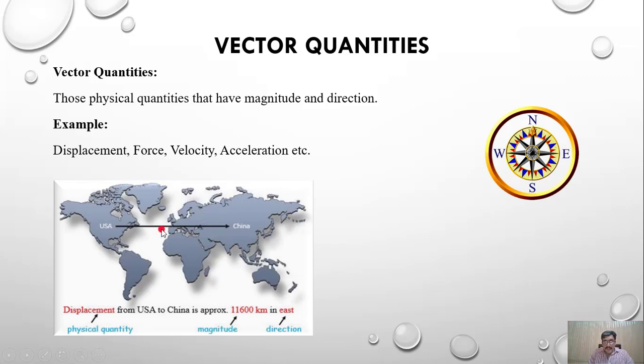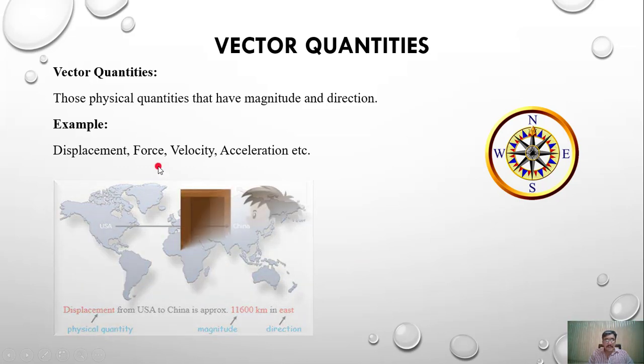USA has China in its east. East is in this direction. So China is located in the east of USA. So direction is here, magnitude is here. This physical quantity is your vector quantity. What is displacement? We will see in upcoming slides.